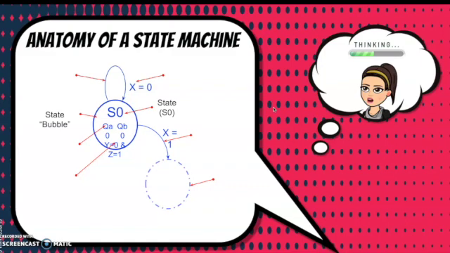So each state bubble is labeled, usually starting with S0, but again, they're arbitrary. And then we have each transition arc, which is labeled with the values of the input variables that make that transition occur. So for the input, x equals 1 to move to the next state in this instance. And then up here, as long as x equals 0, we stay in this current state. So that's what this little loop right here is indicating.